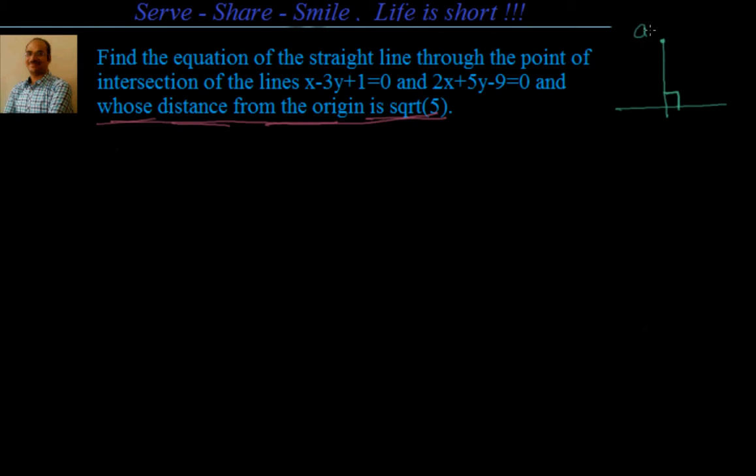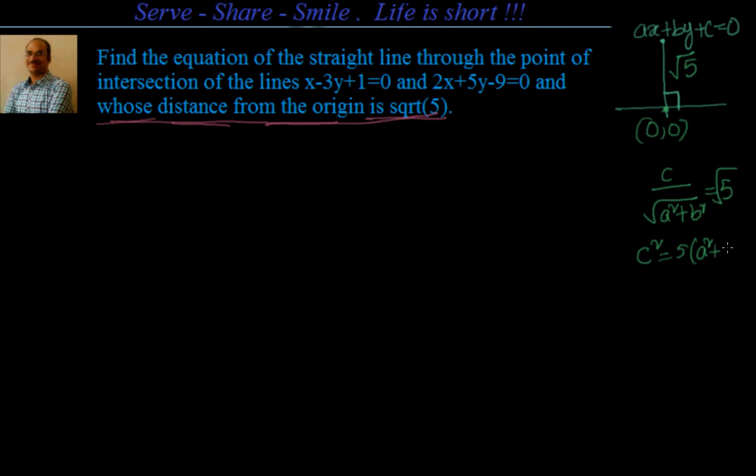So let us say this is ax plus by plus c equal to 0, and we have the distance from the origin, so this is 0 comma 0 and this distance is square root of 5. So can I say, c by square root of a square plus b square equal to root 5, or c square equal to 5 into a square plus b square.